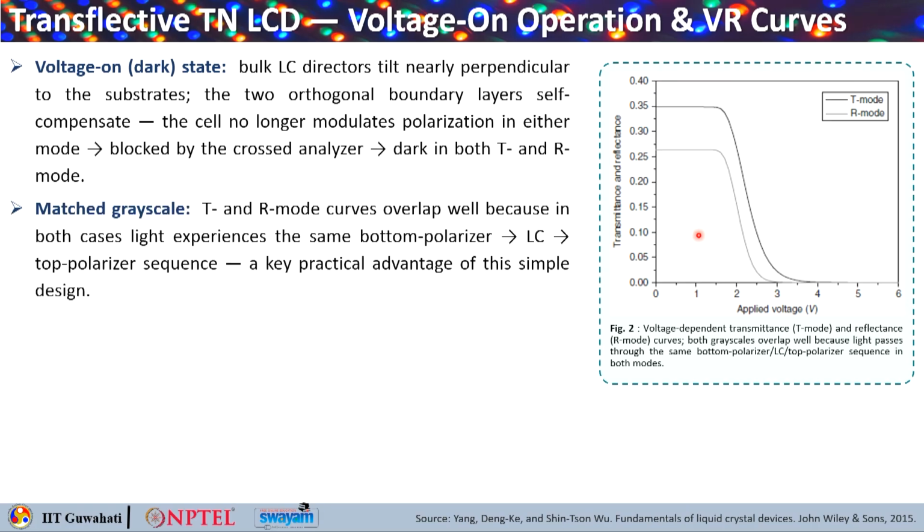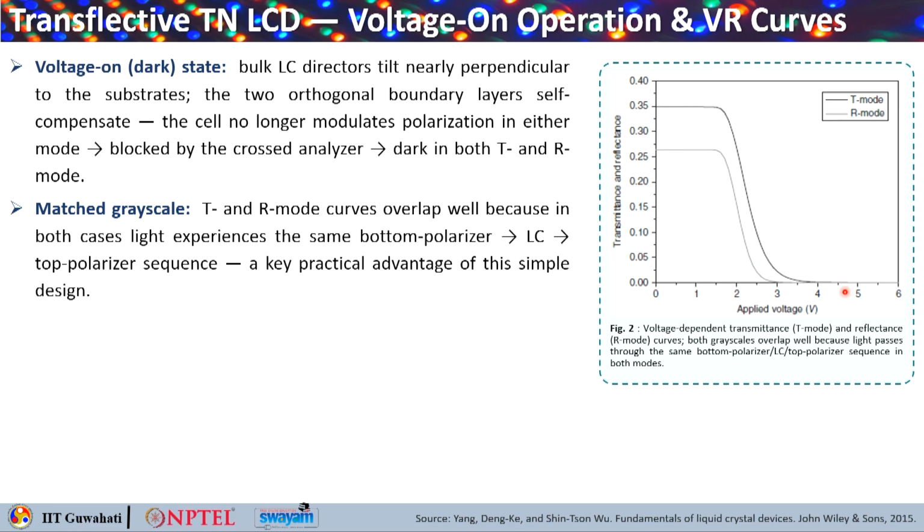Here you can see the transmittance and reflectance curve versus the applied voltage. The dark one shows the transmission mode and the lighter curve shows the reflection mode. You can see very well that in both cases the off states are basically overlapping, because in both cases light experiences the same bottom polarizer, then the liquid crystal, then the top polarizer sequence, and they are 90 degrees out of phase.